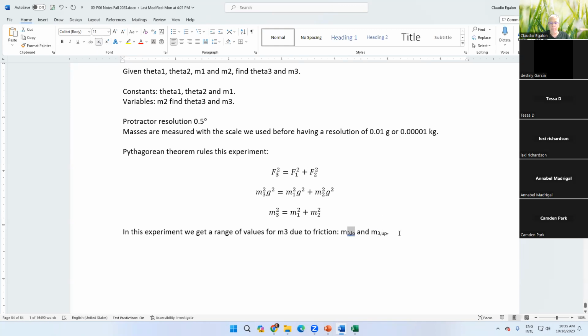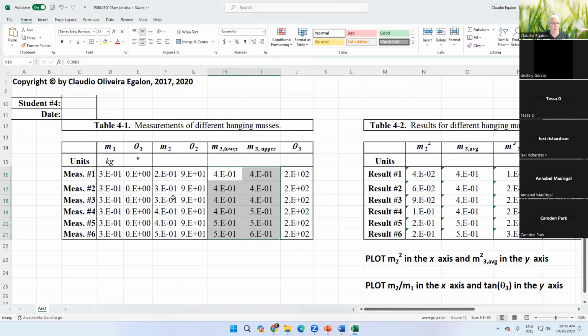Let's keep consistent: M3 lower, M3 upper. That's good. And notice that we have different angles here at the top.